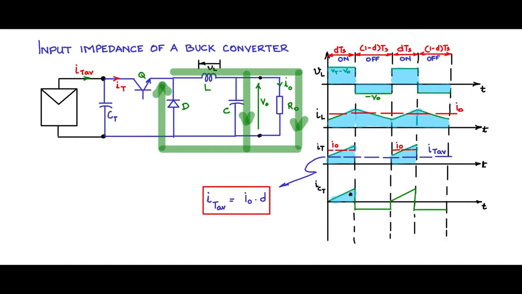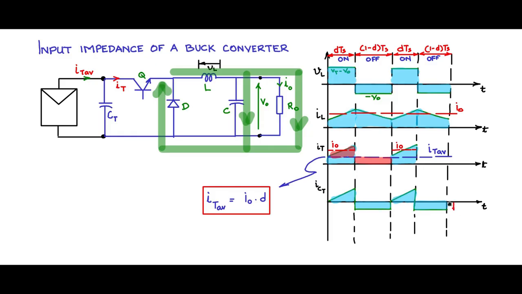So this portion of the area corresponds to the area here above the IT average line, and this area corresponds to this area below the IT average line. So if you take IT average line as the zero line, above and below the wave shape is exactly what would flow through CT, and it repeats for the cycle.